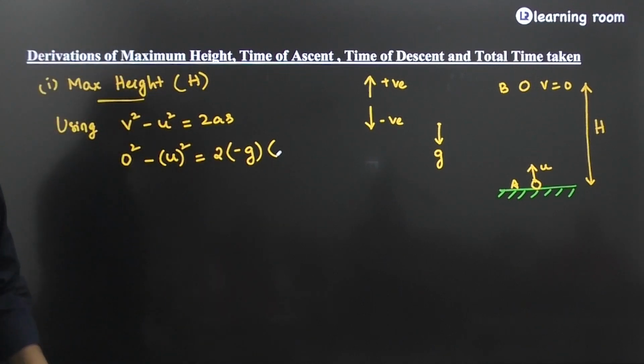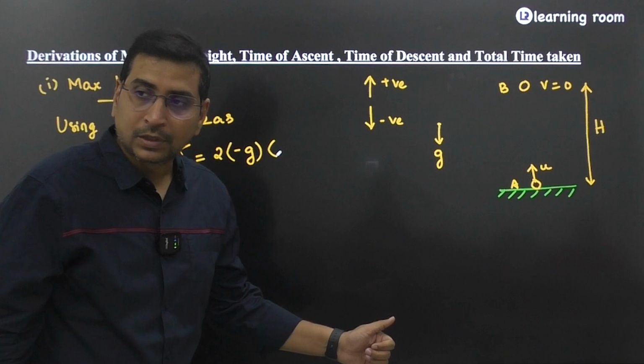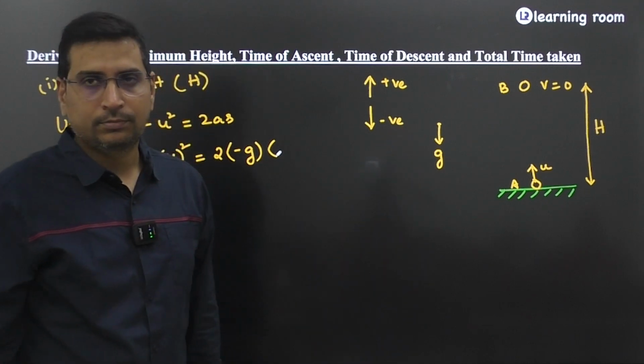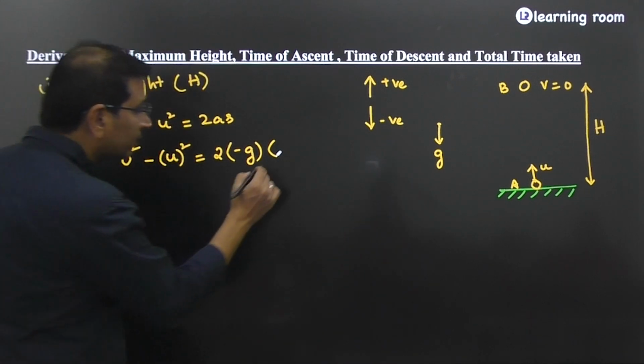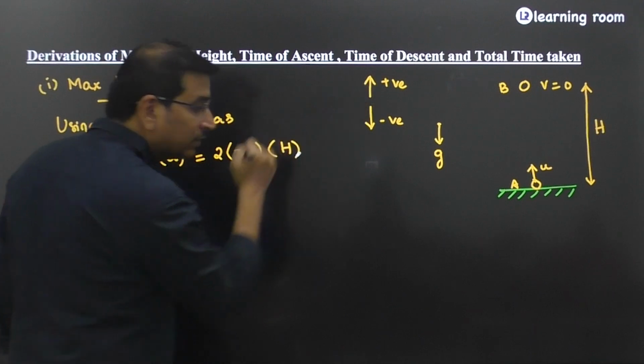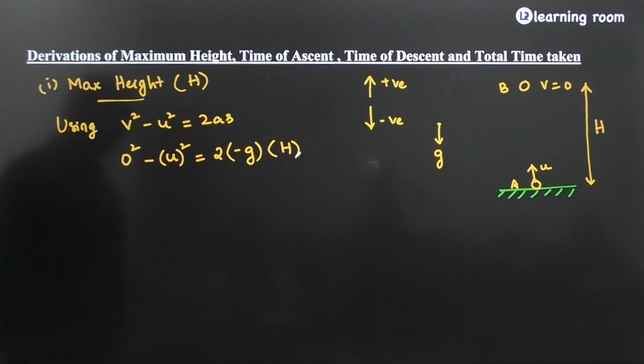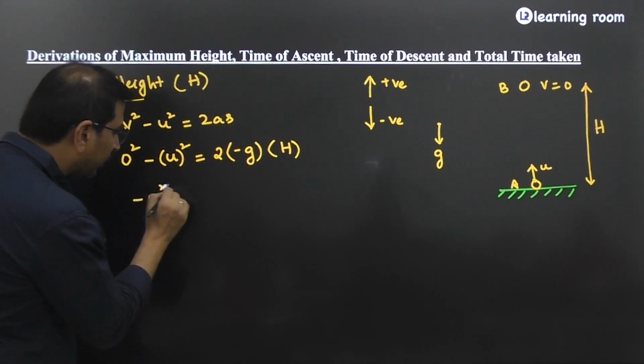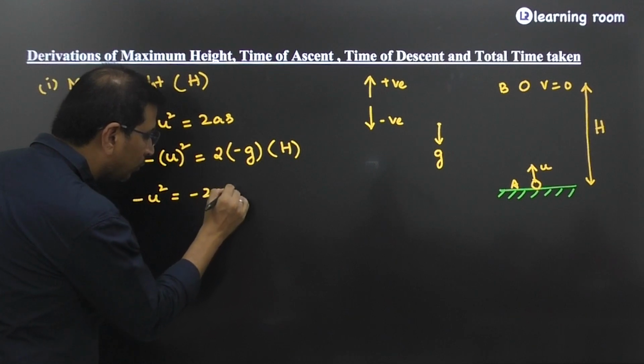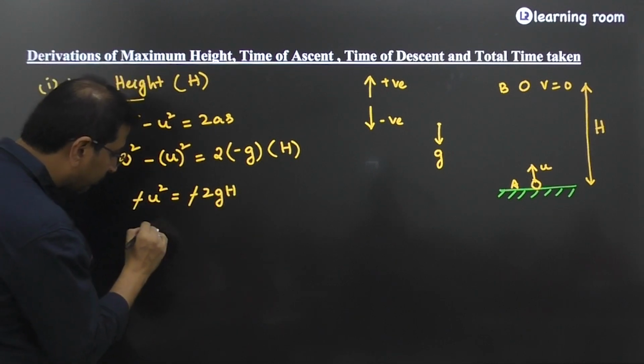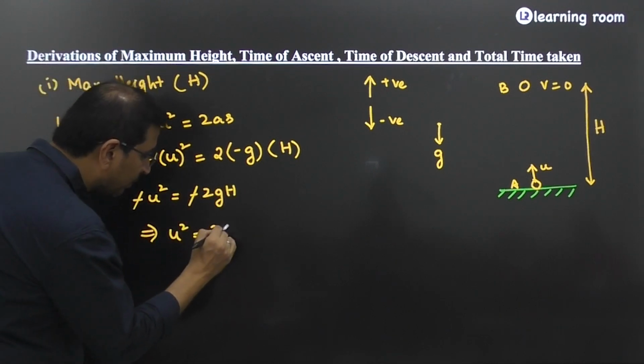Should I take it as positive or negative? Displacement is in the upward direction, right? So I need to consider that to be positive as per the sign convention. Having said this, minus u square is equal to minus 2g into h. Minus and minus are gone, which implies u square is equal to 2gh.